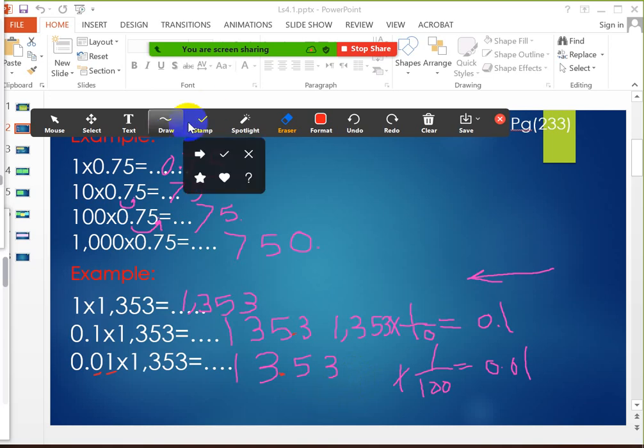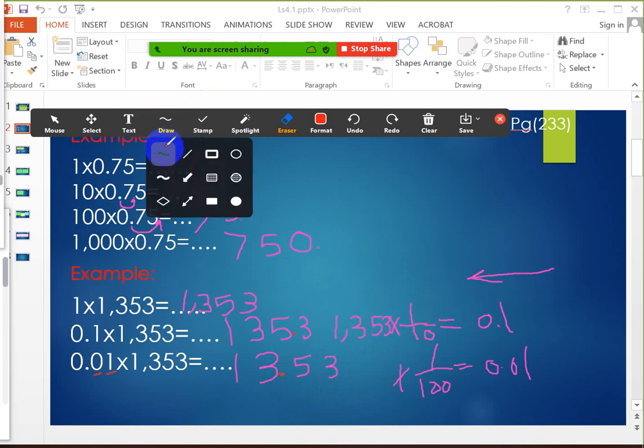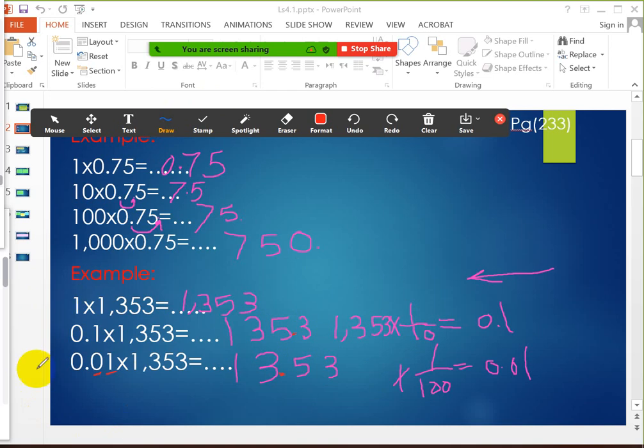And the number will be 13.53 hundredths. Okay? This is how I will find the multiplication pattern with decimals. The decimals multiplication pattern. If you finish, please type 1 in the chat.